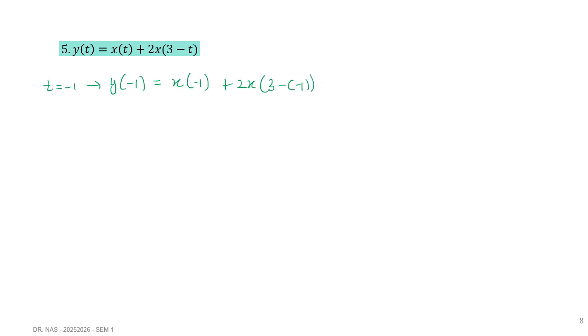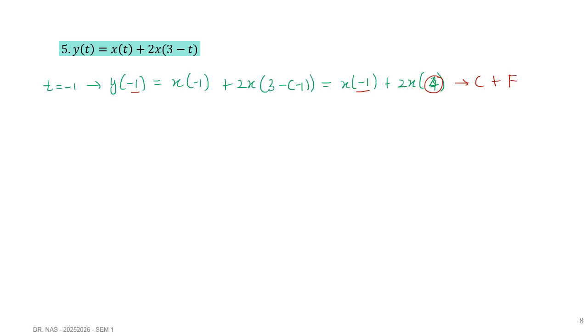So this is equal to x(-1) plus 2x(3 plus 1), which is x(4). Okay, let's check the states. The current state is -1, so you have the current state, but here you have 4. So it is a future value.